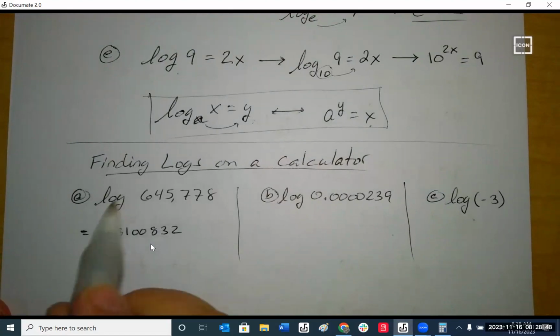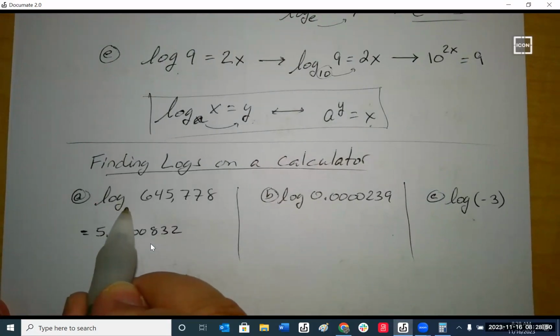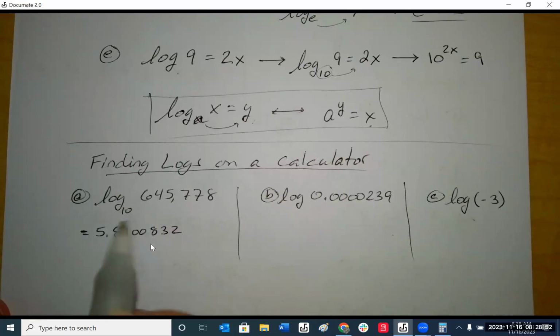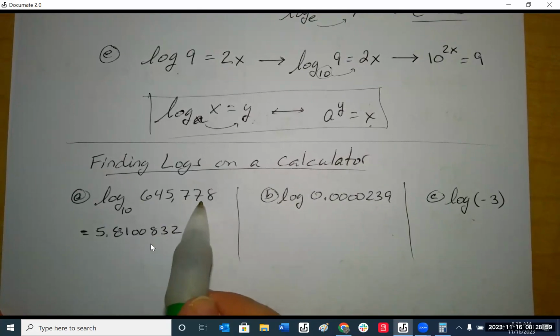Remember, for logarithms, this is base what already? Base 10. So if I take 10 to the power 5.8100832, whatever, it'll equal this. This is the exponent to the base.